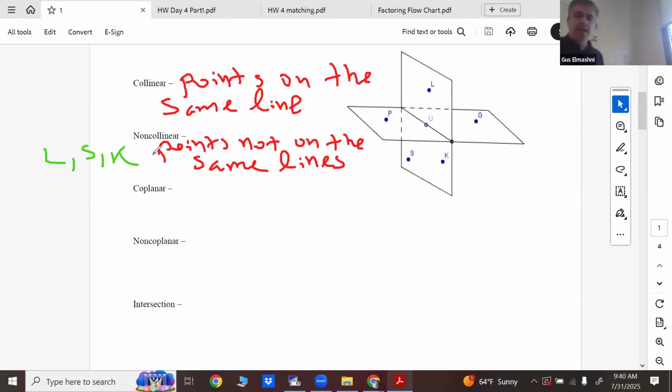So coplanar. That's when you have two lines or, actually, I don't want to say 2 lines.